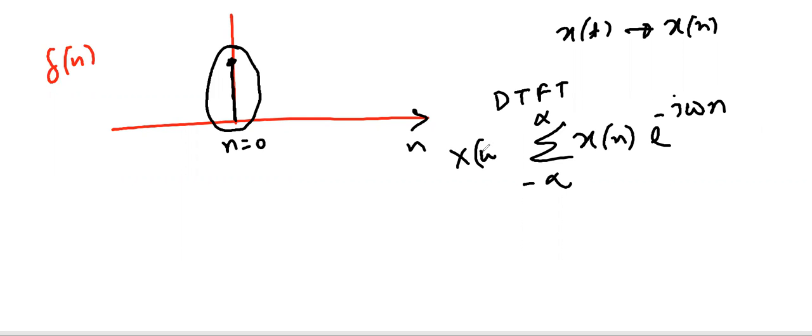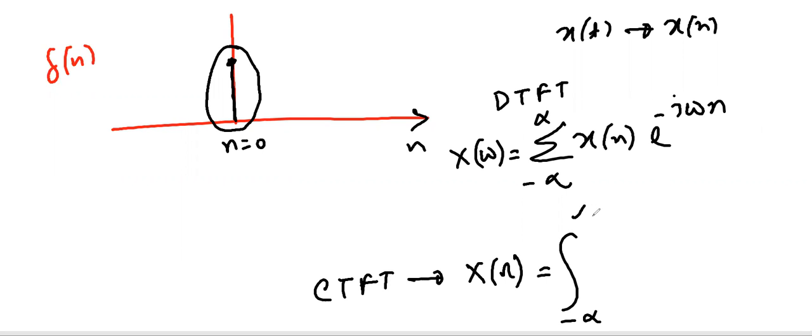This is X(omega). Previously, for the continuous-time Fourier transform, it was the integration from minus infinity to plus infinity of x(t) e to the power minus j omega t. So you can compare these two equations very easily. We actually did the same thing.